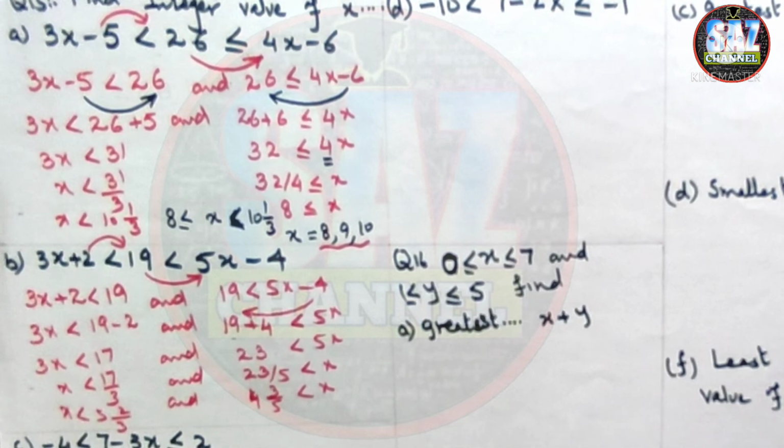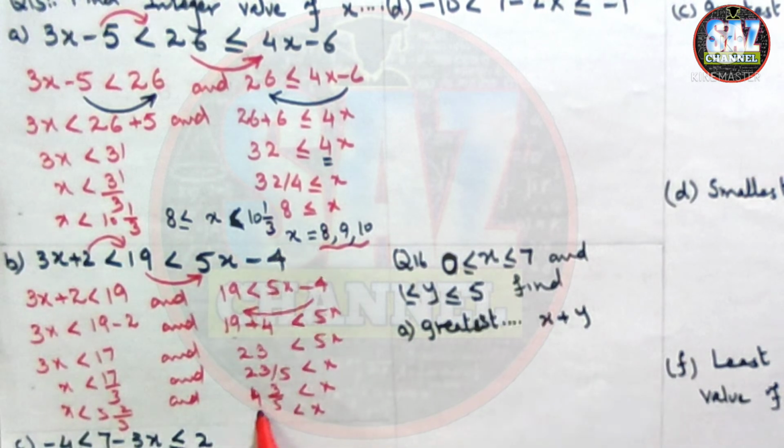So in both cases we are getting the solution, x is greater than 4 whole 3 by 5 but less than 5 whole 2 by 3.